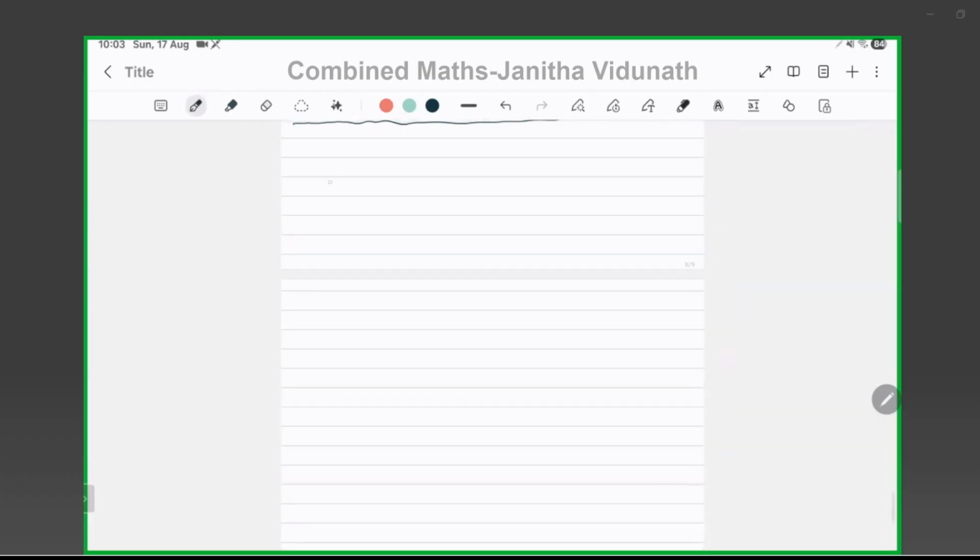So previously we got our (a minus b) whole cube expansion as a cube minus 3 times a square b plus 3 times ab square minus b cube. Here we can see there is a cubic term, and here also there is a cubic term.